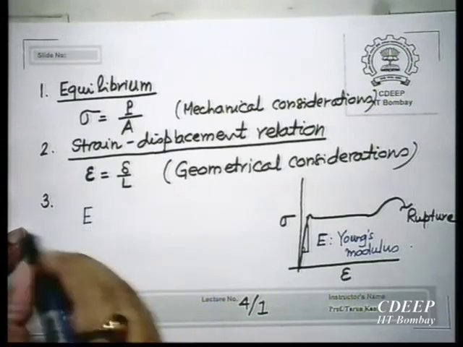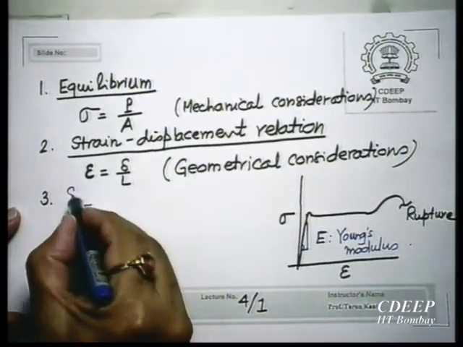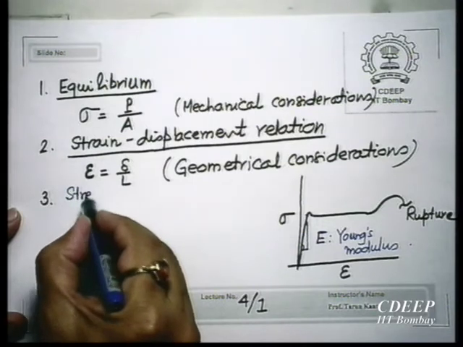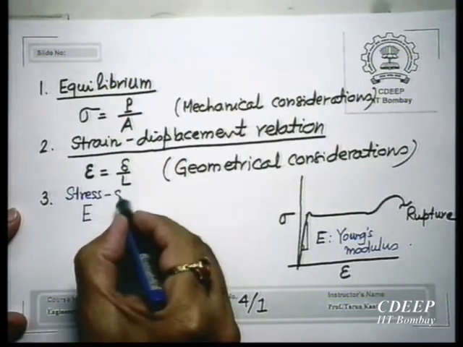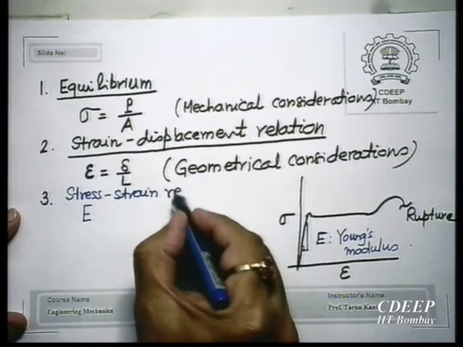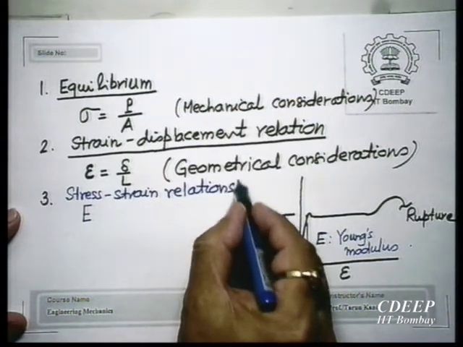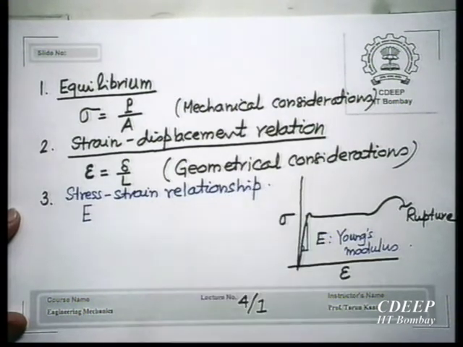The third one is the stress strain relationship. It is also called the constitutive relation of the material.